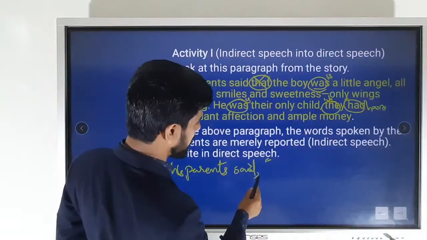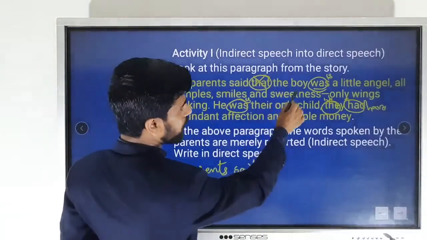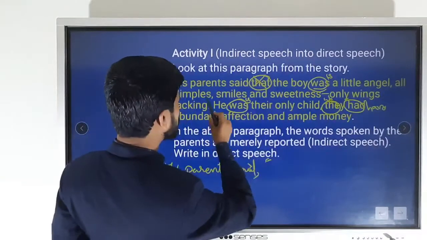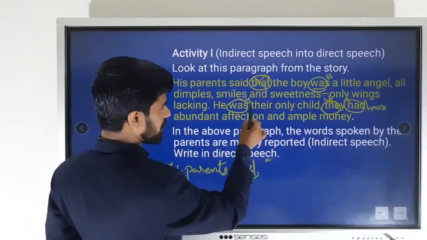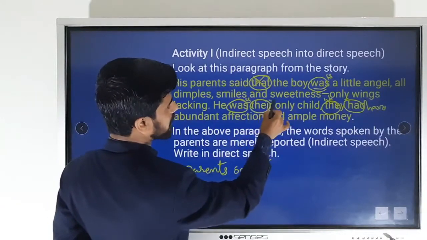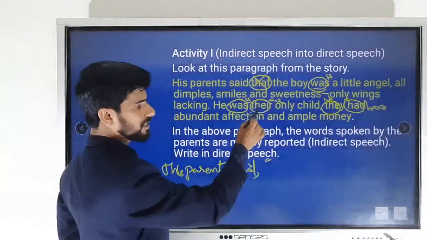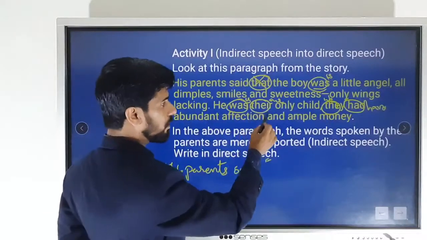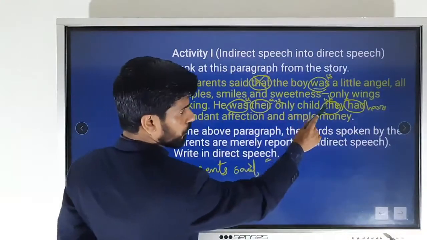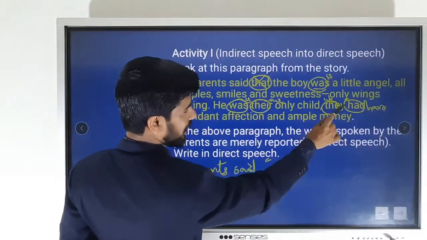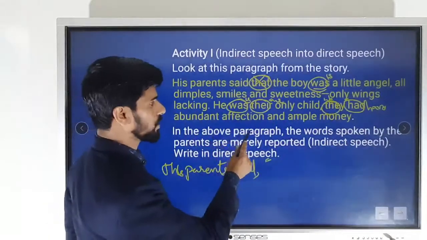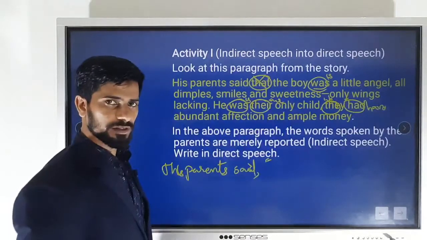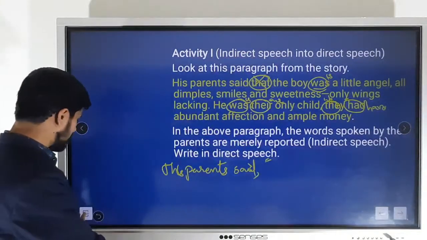The parents said, "The boy is a little angel, all dimples, smiles, and sweetness, only wings lacking. He is our only child." The parents say this, right? So instead of "their," you can write "our only child." "They had," so "we have." He is the only child we have. We have abundant affection and ample money. Okay, that's how we convert this sentence.